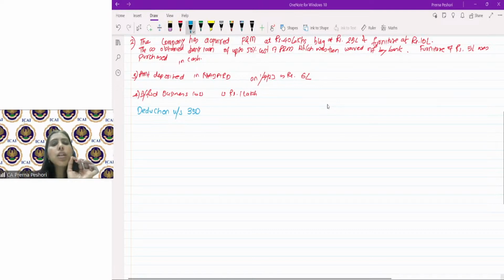What is the expenditure which is allowed? 1/5 of the expenditure. And what expenditure is allowed? The expenditure in connection with the preparation of feasibility report, project report, market survey expenses, engineering expenses, memorandum charges, drafting the memorandum of association and articles of association, registration of companies, or for the issue of share capital.